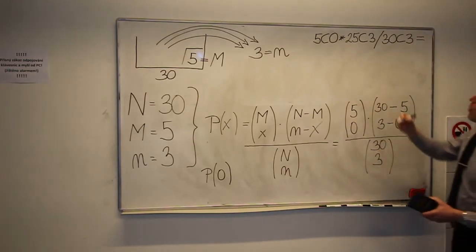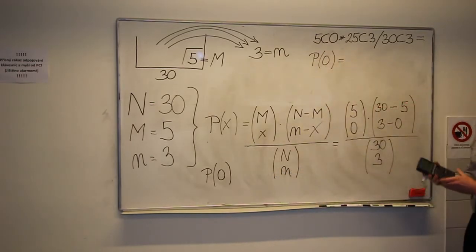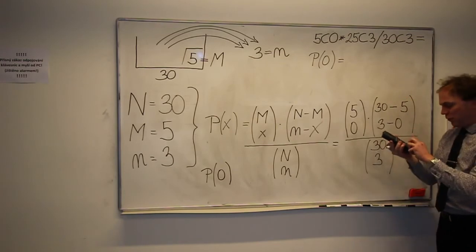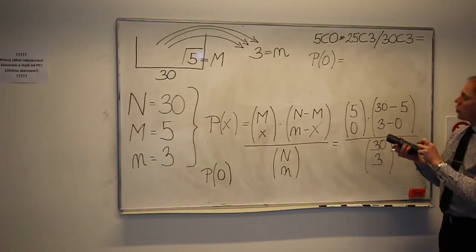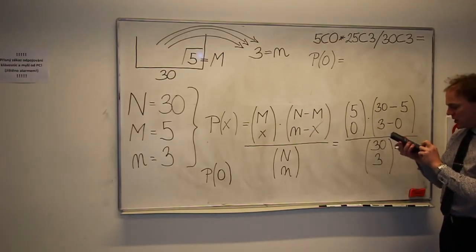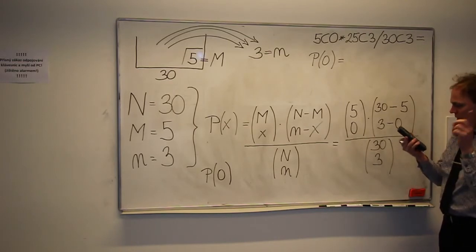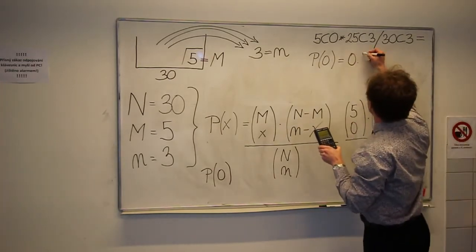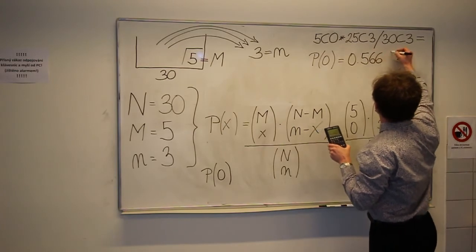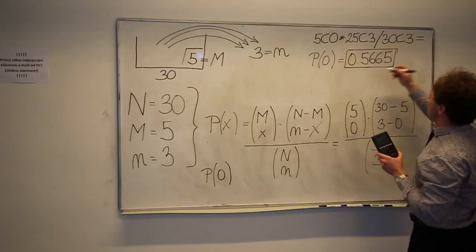And I will see the result, the probability that random variable x will be equal to 0. I will see 5 combination 0 times 25 combination 3 divided by 30 combination 3. Enter. 0.5665. Okay, so this is the probability.